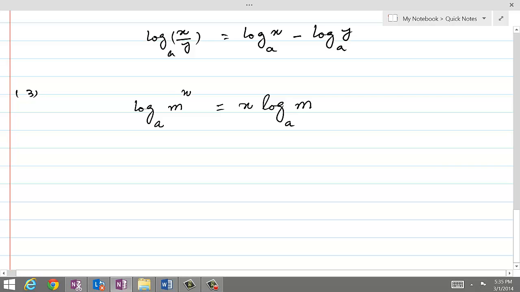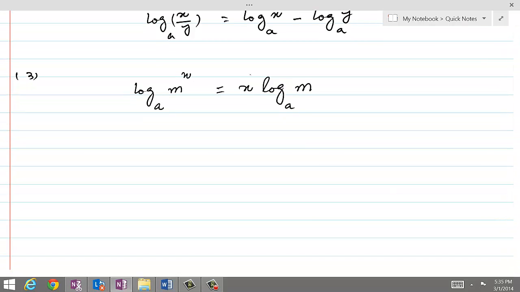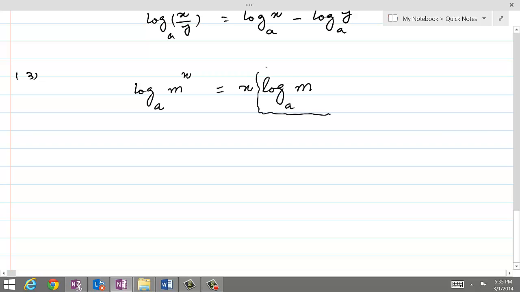In order to prove this law, we will assume that the right hand side, log of m base a, is equal to some arbitrary constant t. Let log of m base a is equal to t.